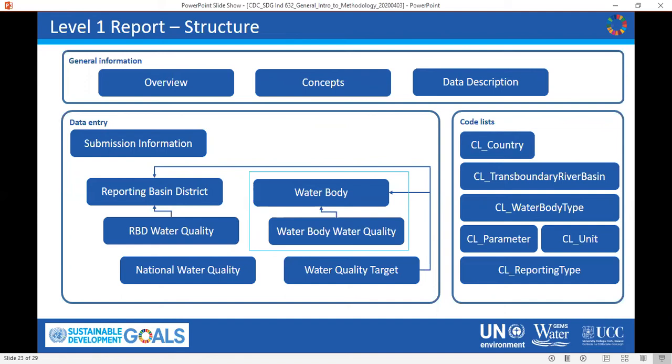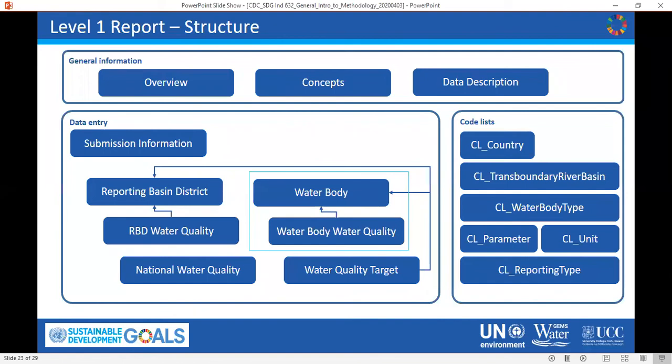including formats. The tables for the data entry are shown in the lower left block. And the first reporting table there is called submission information, and that asks for general information about the country, the organization, and individual submitting the reporting data.